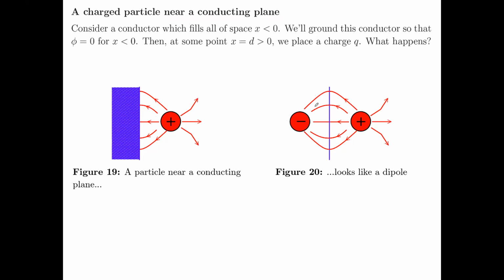On the right side of the system, it's exactly the same in figures 19 and 20. So when x is greater than 0, on the right side, you can use this method, but on the left side you cannot, because in the real case the electric field is 0 there.